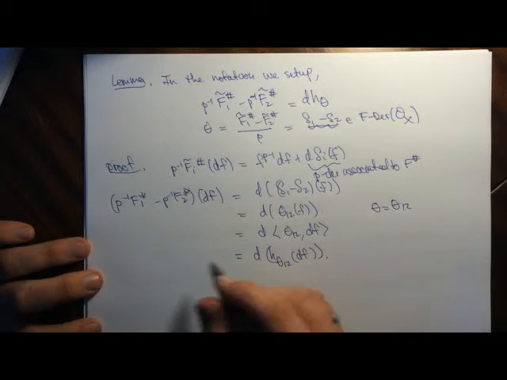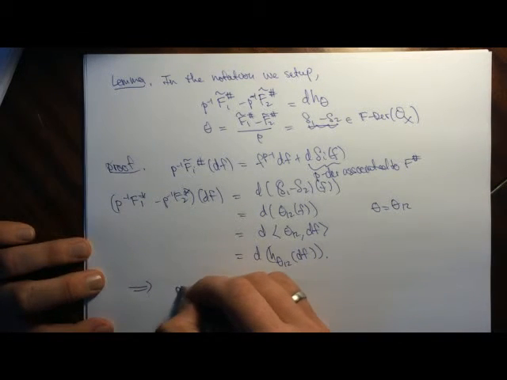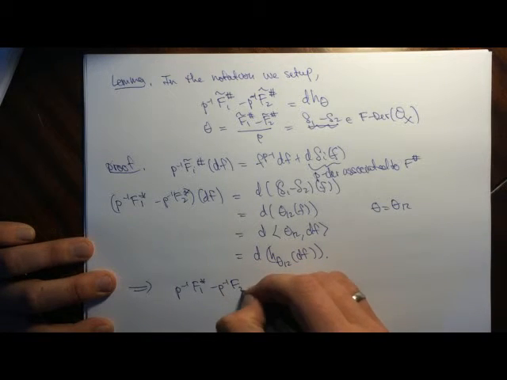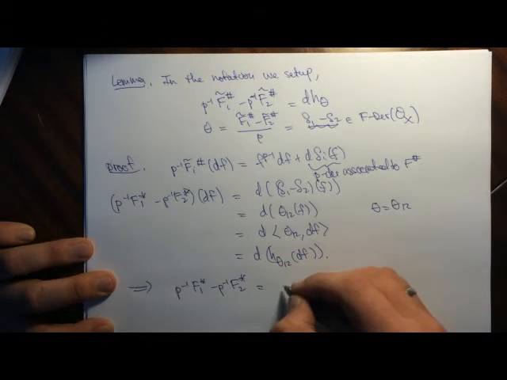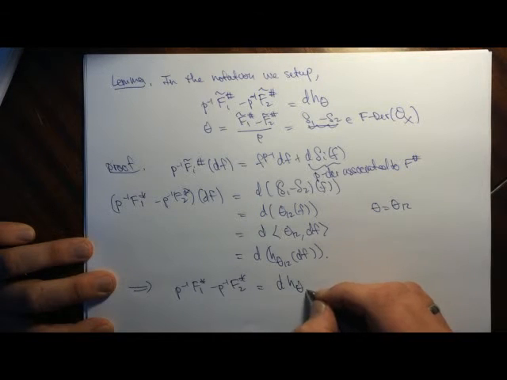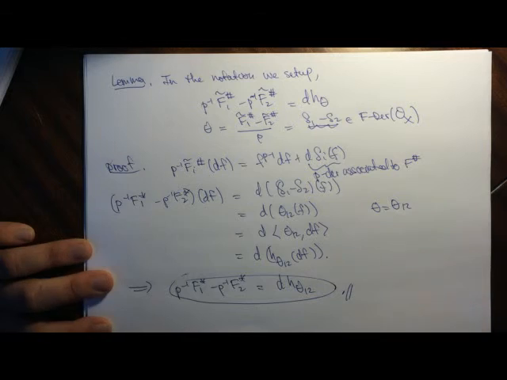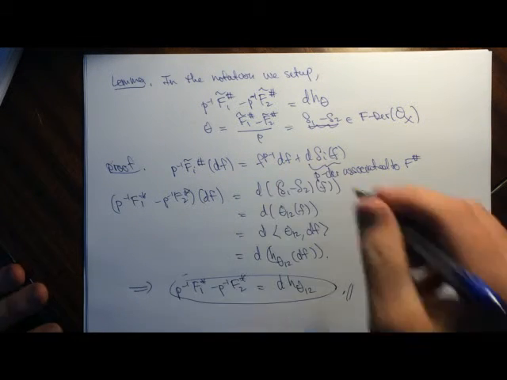So this shows that these two maps here are cohomologous. Okay, so we showed this for every local section f.